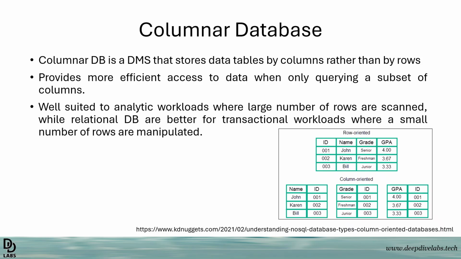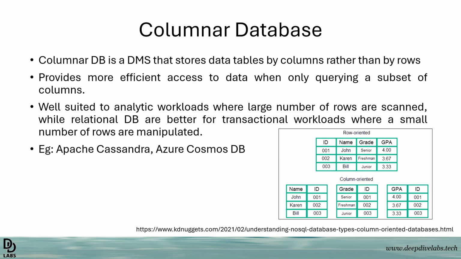Typically you're doing a lot of aggregation functions when you're doing analytic workloads, and a columnar database works very well for these, whereas your row-oriented relational databases are better for your transactional workload where you are inserting your rows, right? You are inserting the name, the GPA, etc., from a software application. Then you want to use your row-oriented database.